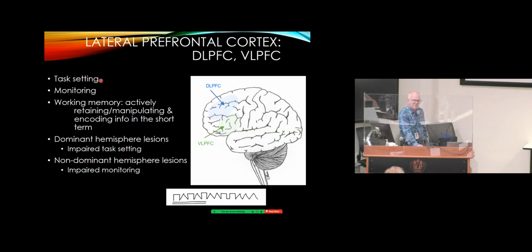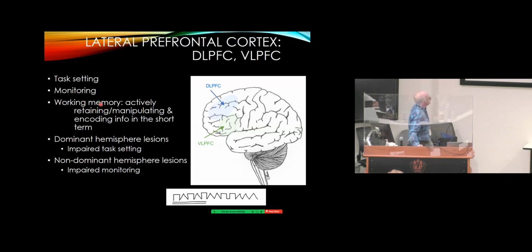So if you're setting up a plan for the year, a study plan, a schedule for studying for step 1 boards, things like that, that would be a task setting function. And it's also important for monitoring. Are you keeping up with the task? Are you keeping up with your schedule? So these two kind of work together.